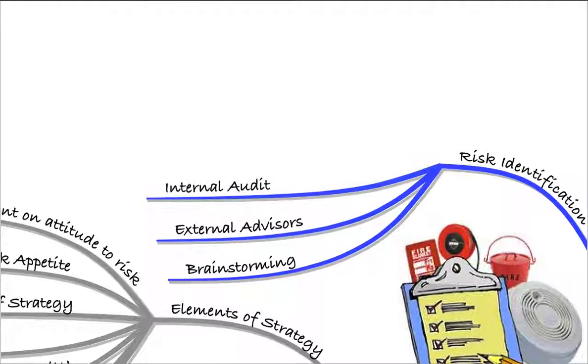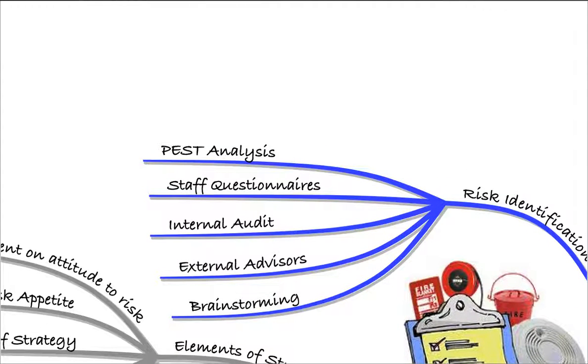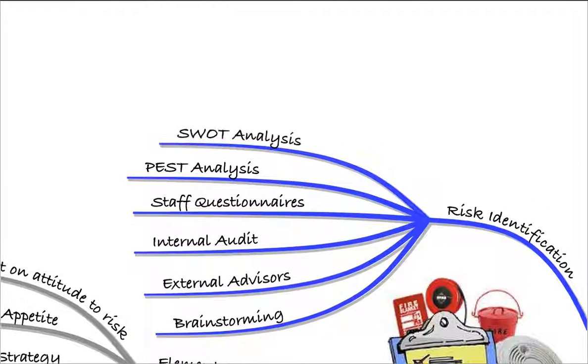We might even consult internal audit or indeed staff questionnaires. We'll undertake a PEST analysis to look at the external environment, the political, economic, social and technological factors. And we'll think about a SWOT analysis that will look at the strengths and weaknesses of the firm, along with the opportunities and threats that that firm faces. So that will all identify some of the risks facing that firm.